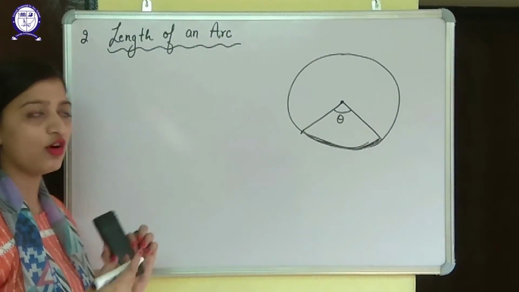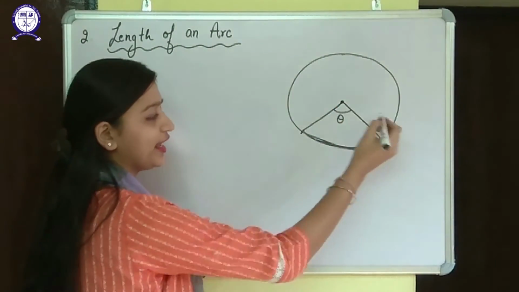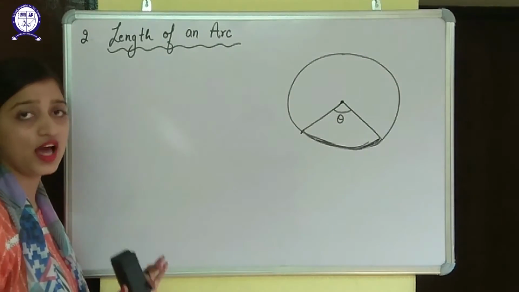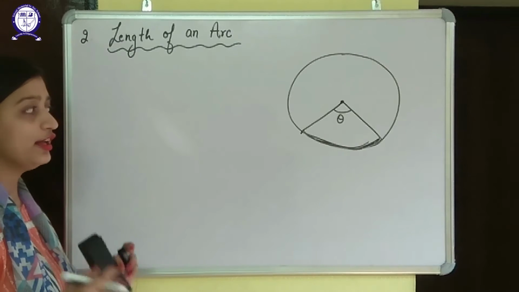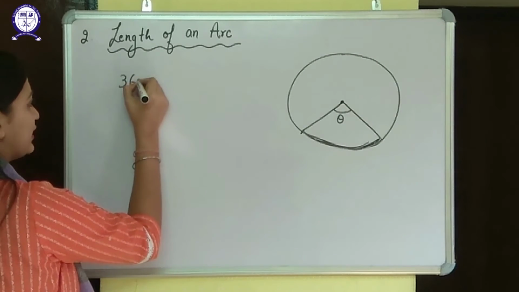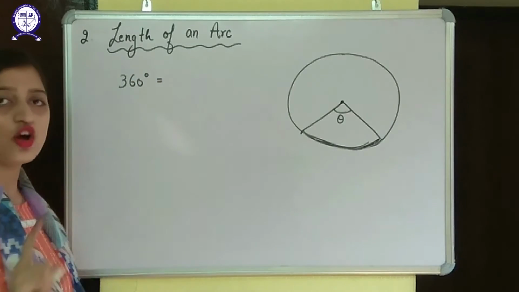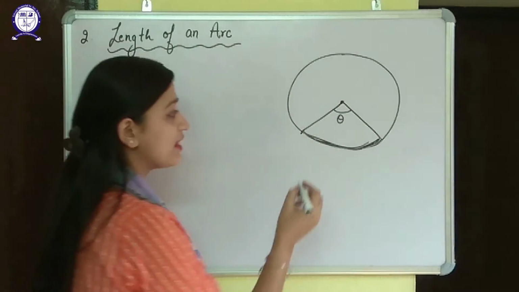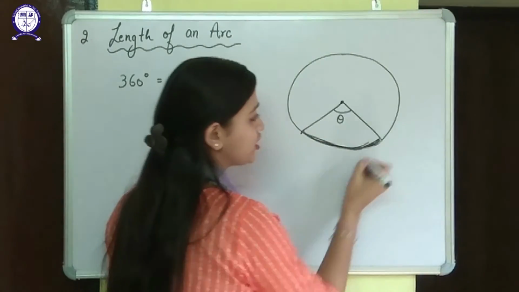In that formula it was asking for this complete area, and in this formula it's just asking for the length of this arc. Now what will be the formula? Now first of all look at the question. For 360 degree, it's not talking about the area, it's talking about the length of arc, right? And length of arc is part of which thing?